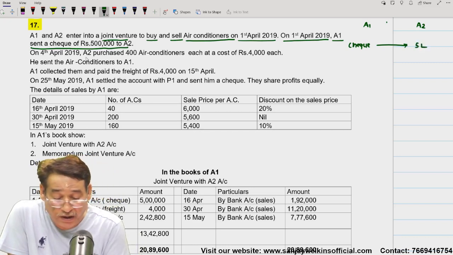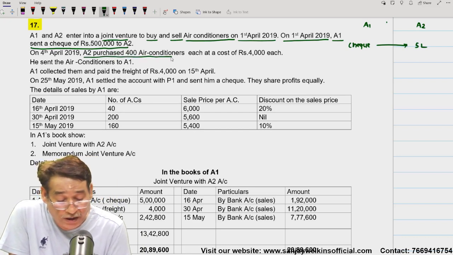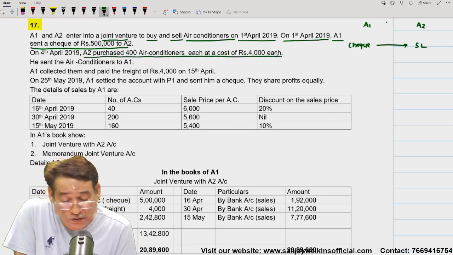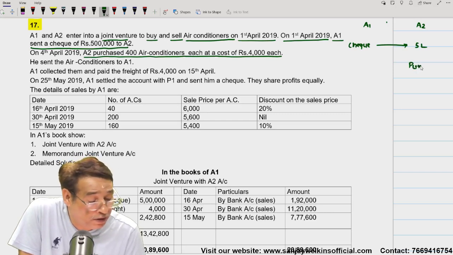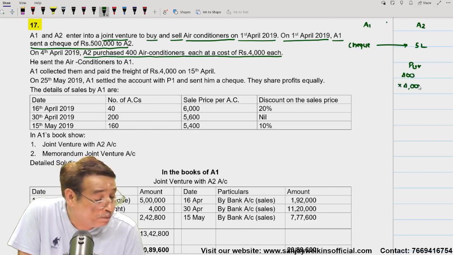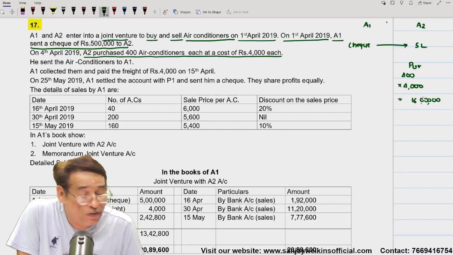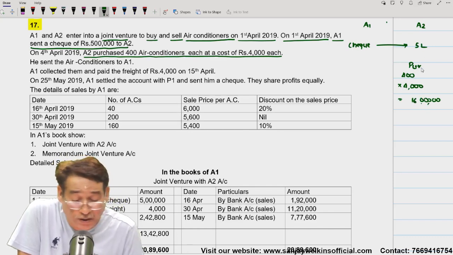On 4th April, A2 purchased 400 air conditioners at a cost of 4,000 each. So A2 has purchased 400 air conditioners at the rate of 4,000 each. So that will be equal to 16 lakhs. 16 lakh worth of purchases made by A2.